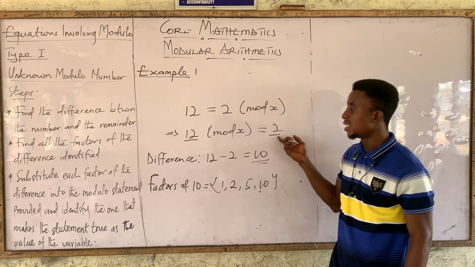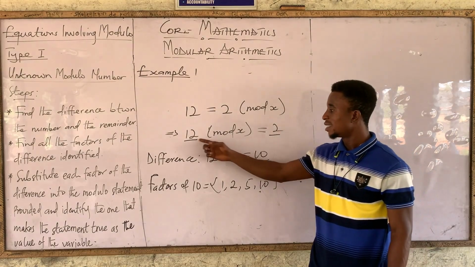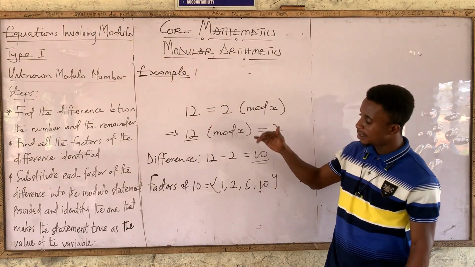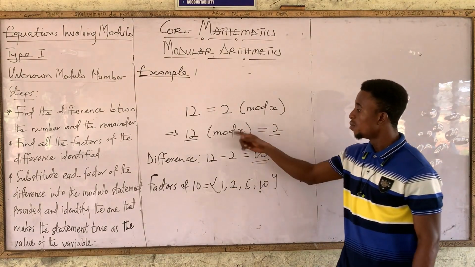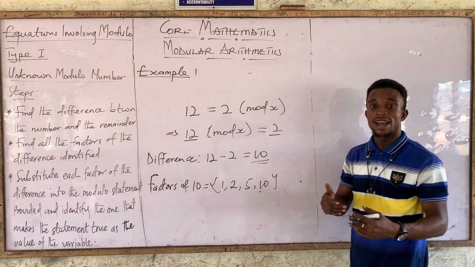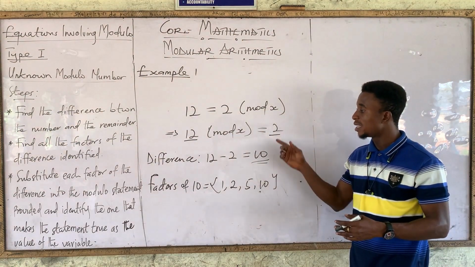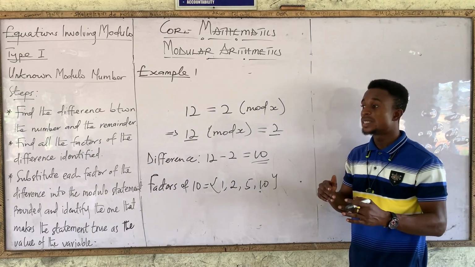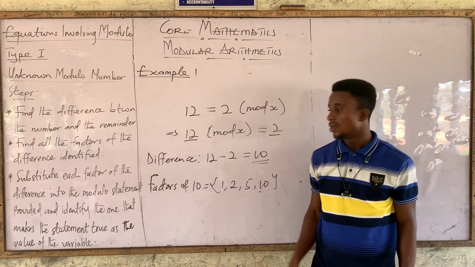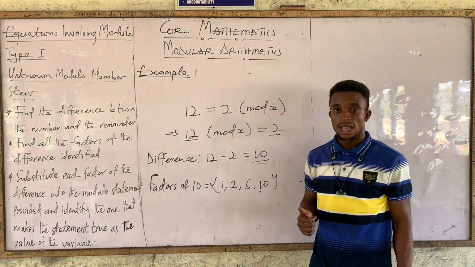This is the modulo statement. When we substitute, we will see that some of the factors will give us this particular 2, and those factors that give us this 2 will be said to be the value of the variable, that is the variable x. Are we getting that?